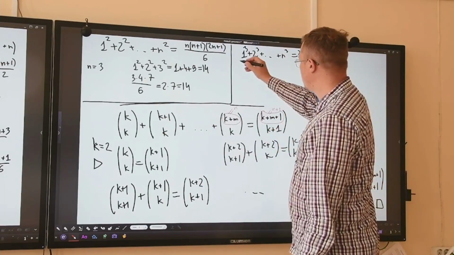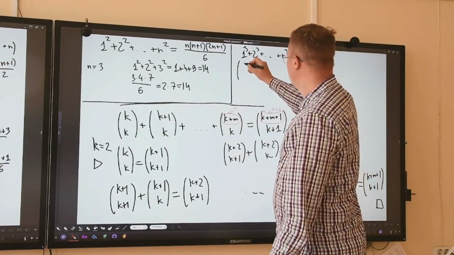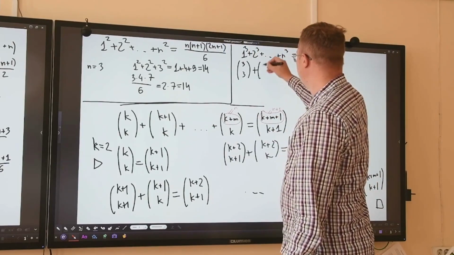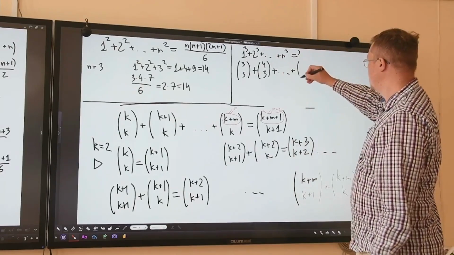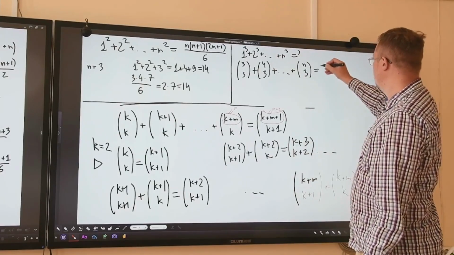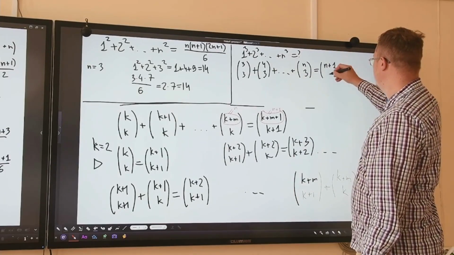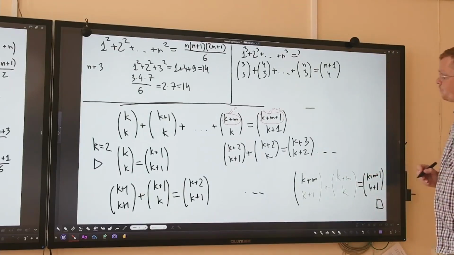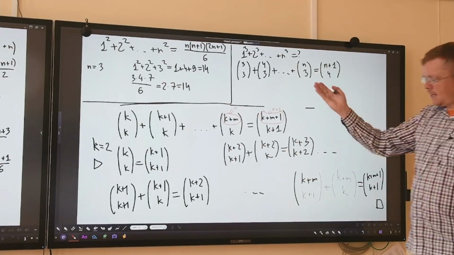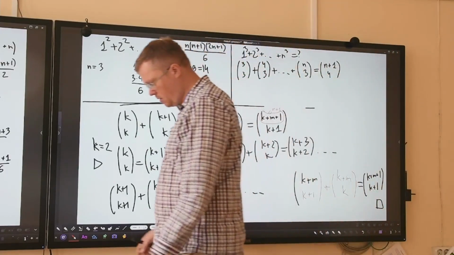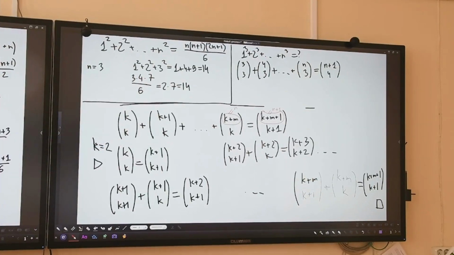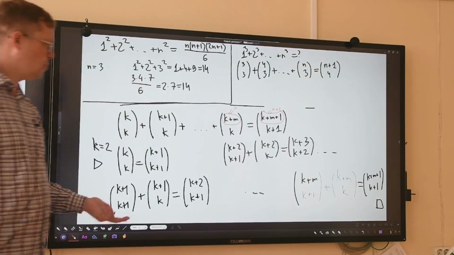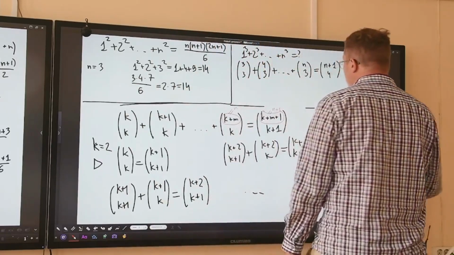I can write it here, so I can take 3 choose 3 plus 4 choose 3 plus etc. plus n choose 3 is equal to n plus 1 choose 4. And then I can rewrite all the binomial coefficients in the left-hand side in terms of cubes, squares, and just numbers.